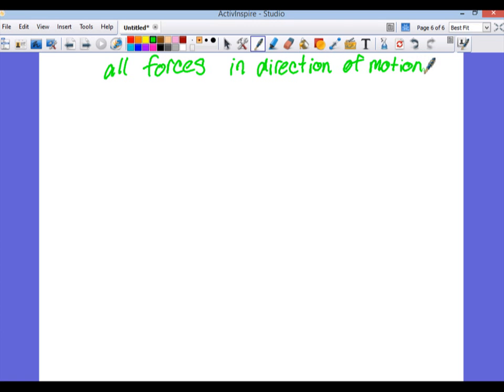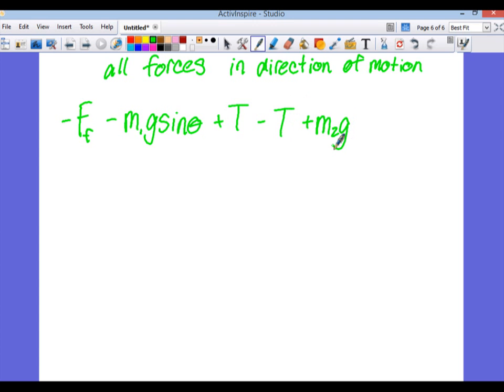So if we go back and look at our picture, and if you were to imagine pulling the M2 out so it all points in a straight line, we have all of these forces acting in the same direction. So if we start from mass 1, we would have a negative force of friction minus m1g sine theta plus a tension, because there's that tension in that rope there. And then just following the system around, I get a minus tension and then a plus m2g.